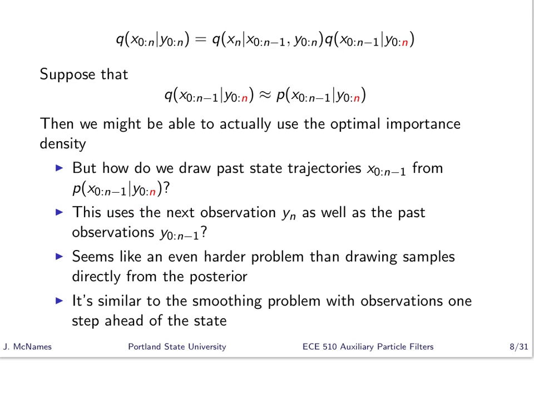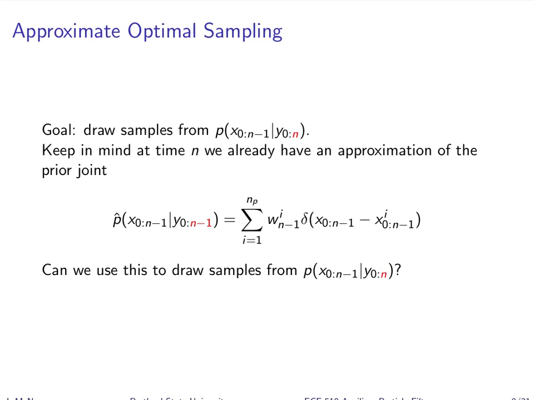It's hard enough to think about sampling from a posterior probability, but this is worse, because it's doing a sort of one-step-ahead smoothing. It's talking about drawing an entire trajectory from a weird high-dimensional joint probability that takes into account not just the past and current measurements, but also one measurement from the future. I would have looked at this and said, no, I can't go anywhere from here. But some clever people thought of a way out of that problem.